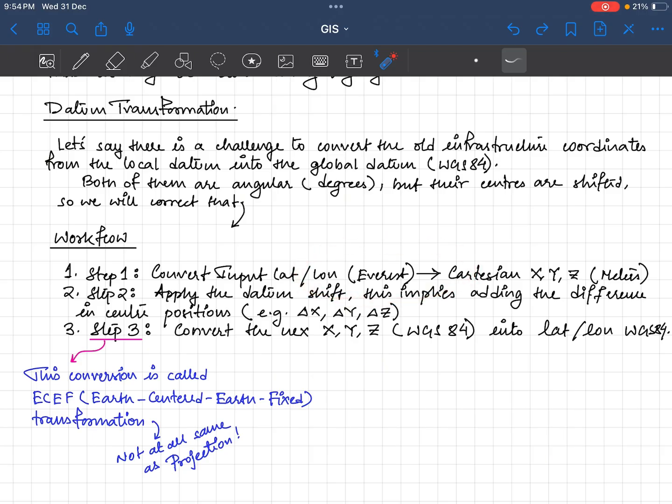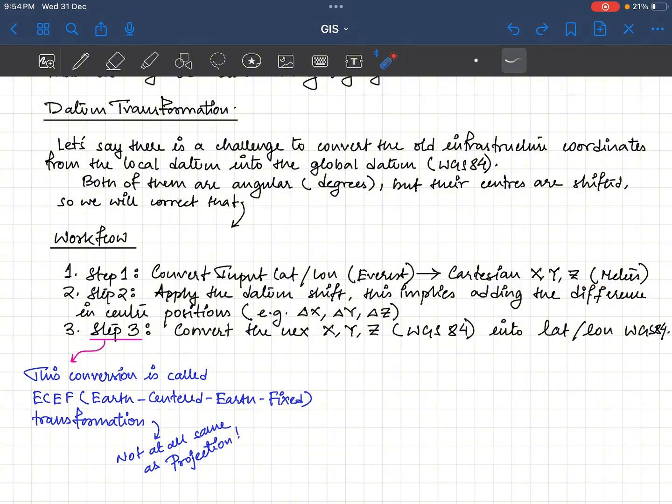In step 2, you apply the datum shift. We knew that there is a shift between the Everest datum and the global datum, that is WGS-84. So just apply the delta x, delta y, delta z to these 3 coordinates.